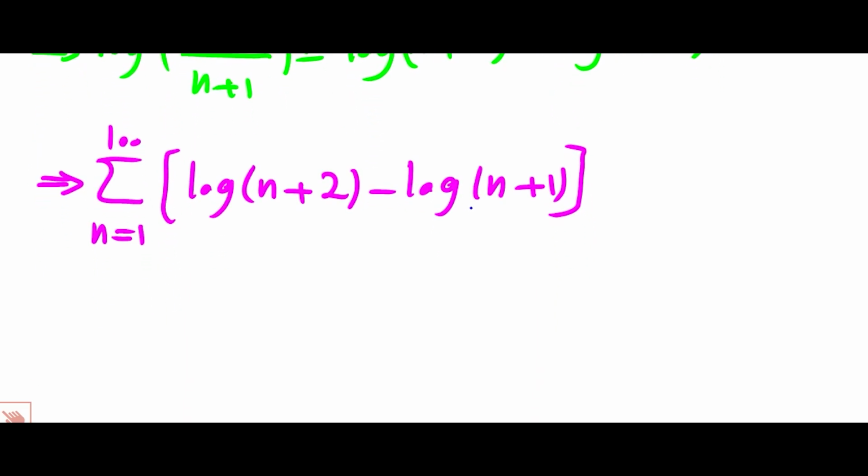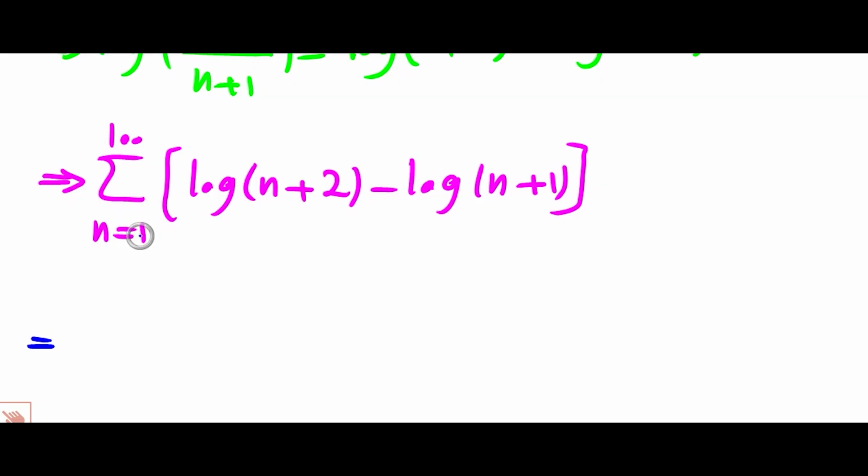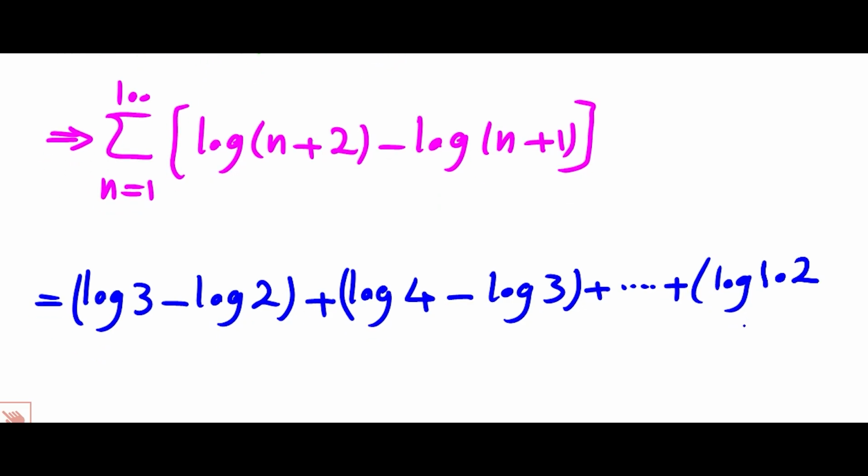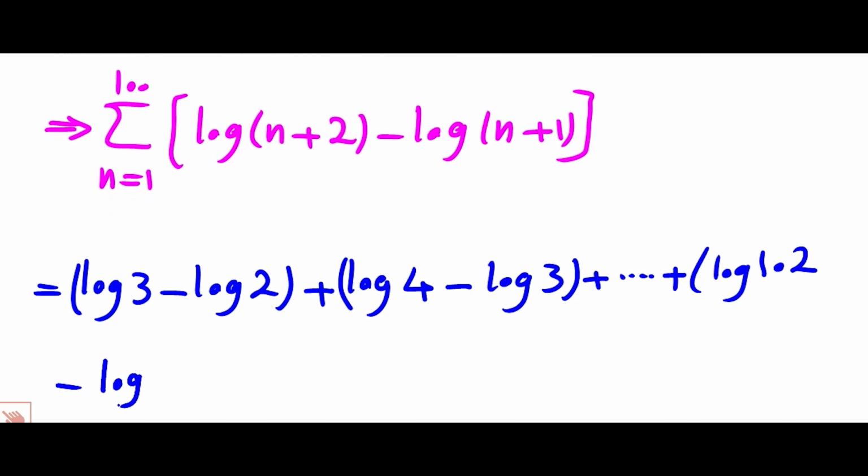Right? Now expand a few terms. When n equals 1, we have log of 1 plus 2, which is 3, minus log of 2, plus, when n equals 2, we have log of 4 minus log of 3, and so on, and when n equals 100, we have log of 102 minus log of 101, right?